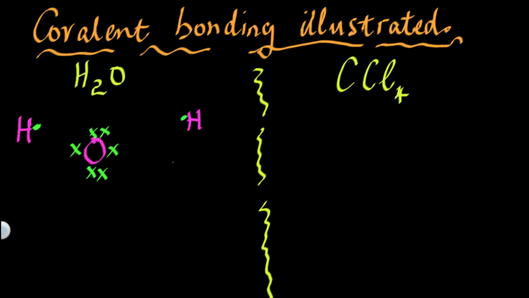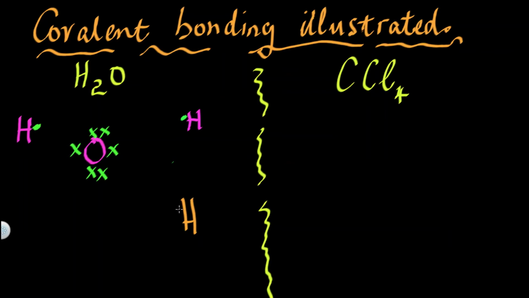We know that when we are doing a chemical reaction, atoms bond because they want to achieve the electronic configuration of the closest noble gas. For hydrogen, the closest noble gas is helium. Let me just illustrate helium quickly. So this is helium, the noble gas closest to hydrogen.